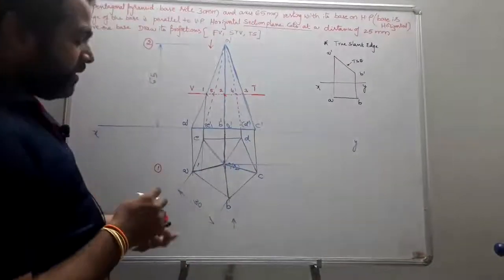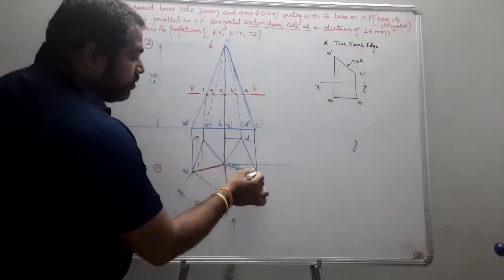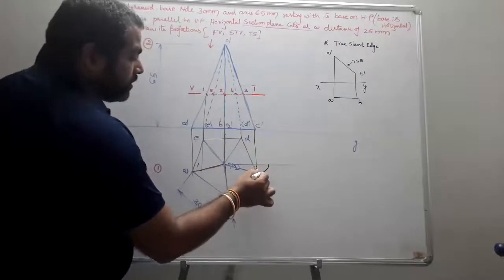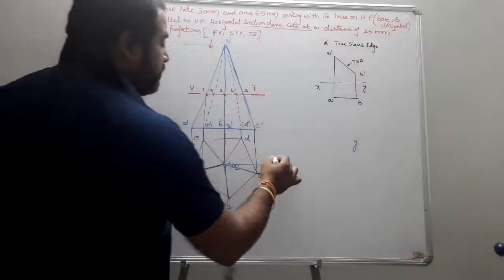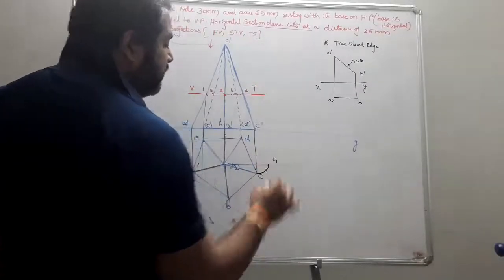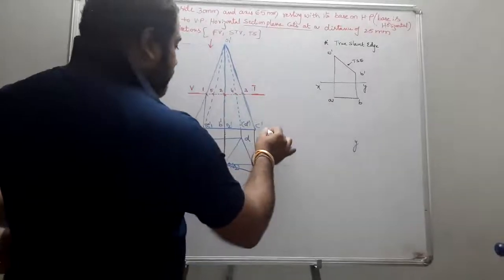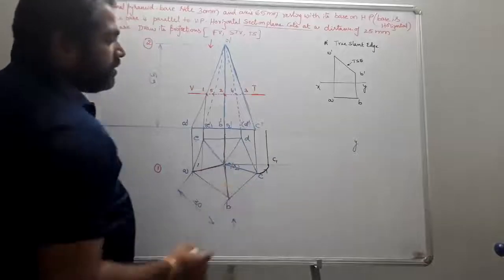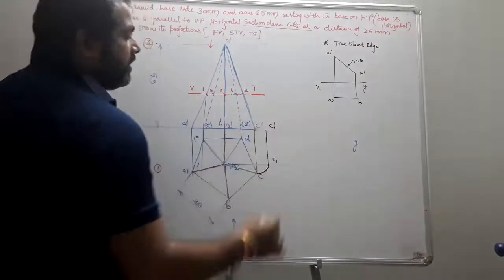Next, I take O as center, OC as radius, and draw an arc up to here. So this becomes, for my convenience, C1. Now draw the vertical line up to XY. Project this to XY, so in front view it becomes C1 dash.